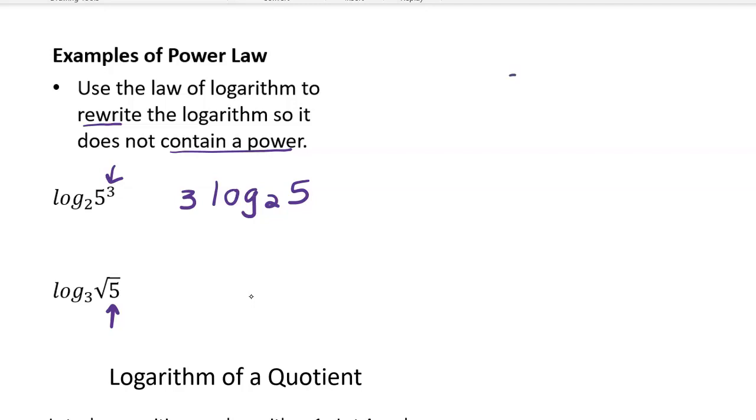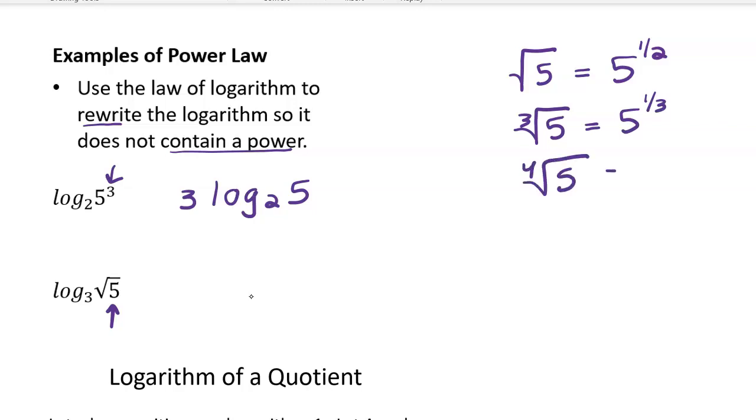So if you have the square root of 5, that is the same thing as 5 to the 1/2. If that was a cube root, cube root of 5, that's the same as 5 to the 1/3. Fourth root would be 5 to the 1/4, and that's just a quick little review there.